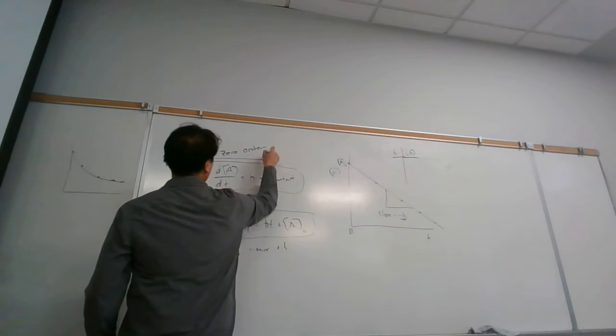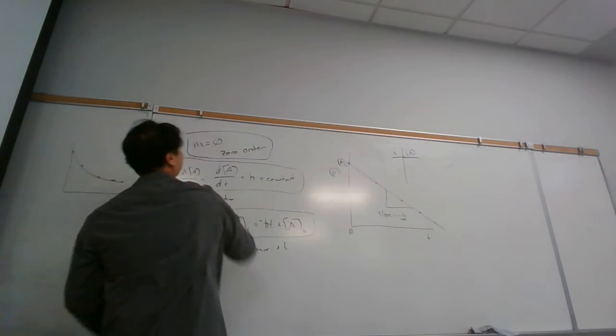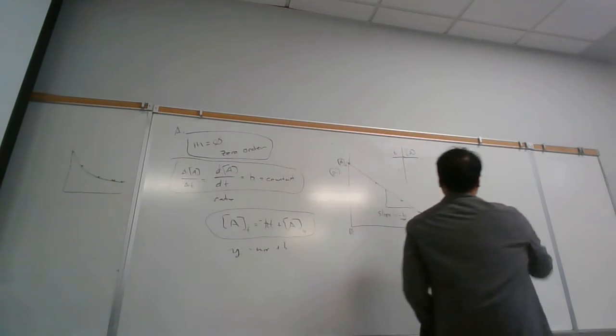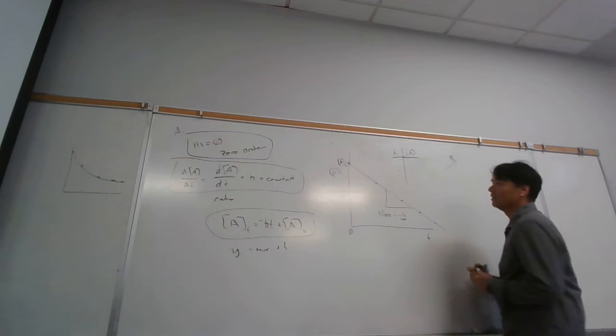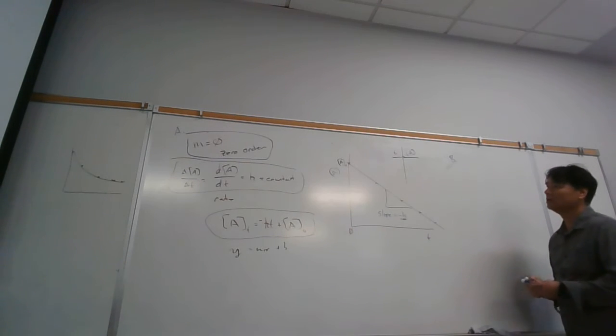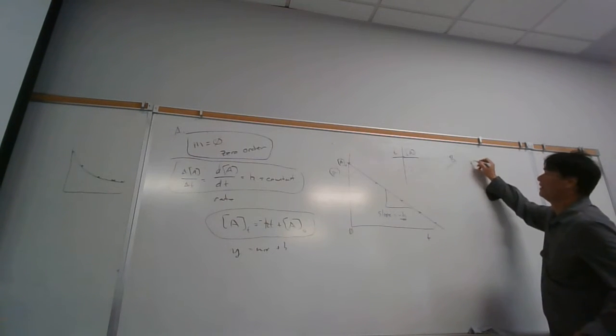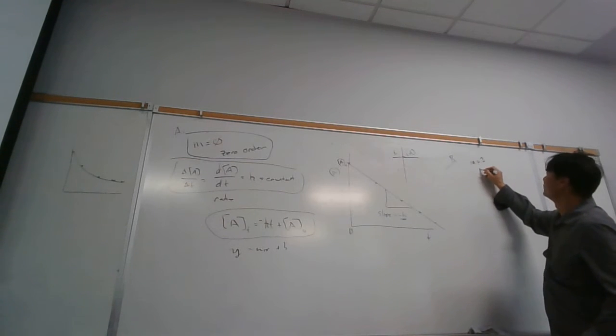This is the first scenario. The second one that we're going to do the math for is if m equals 1. If m equals 1, we call that first order.